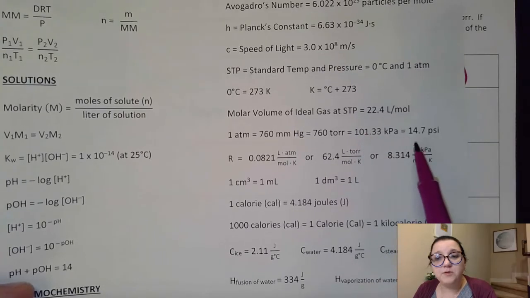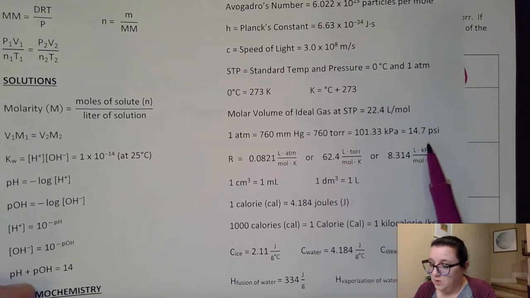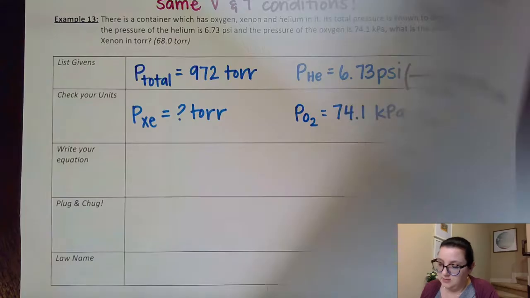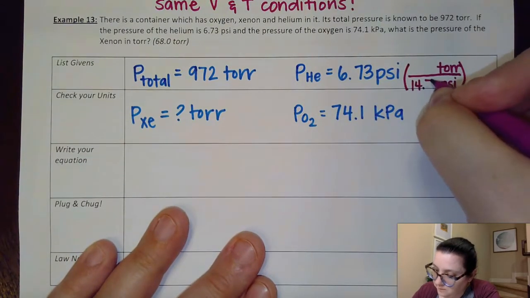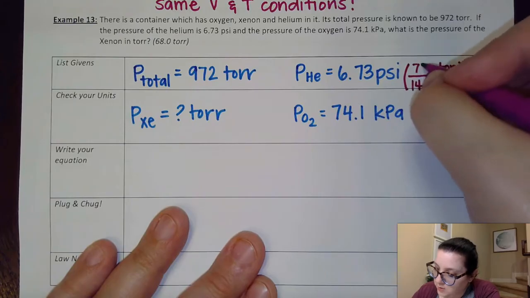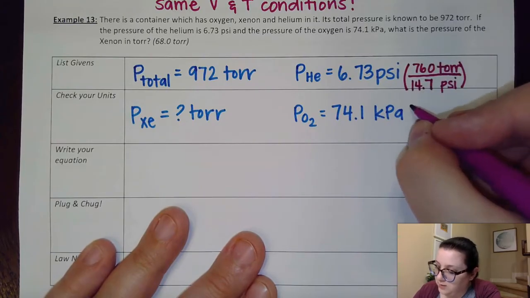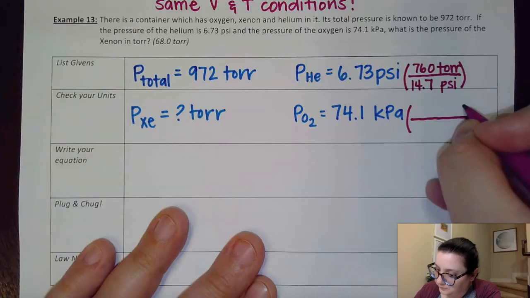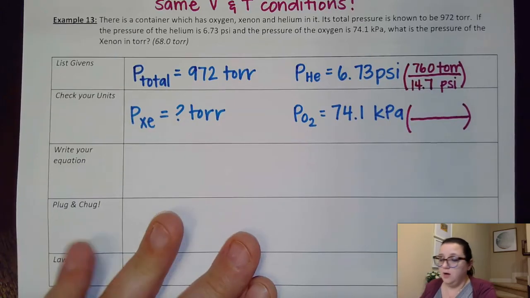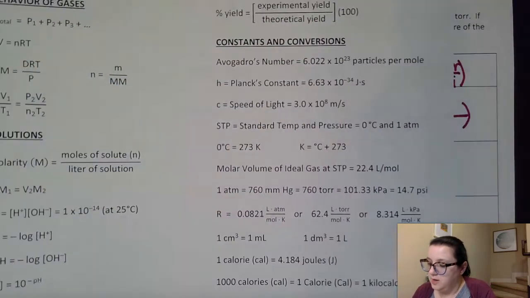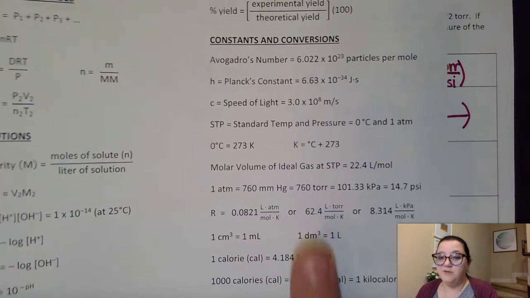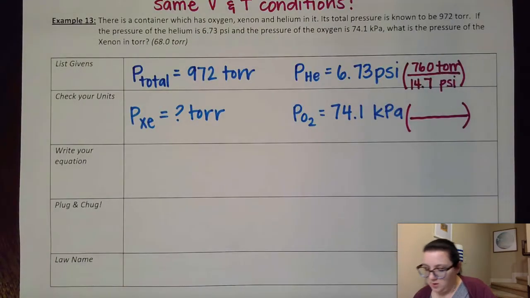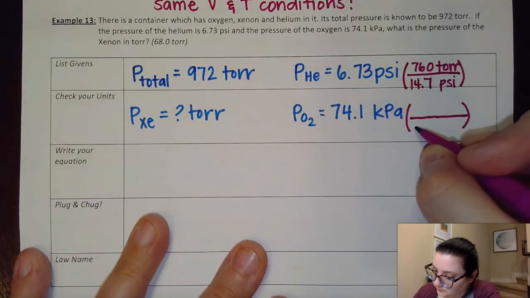So I noticed that 14.7 PSI will be for 760 torr. And I'm going to go ahead and set up my other one here for kPa. So looking on my formula chart here, I noticed that it's 101.33 kPa for every 760 torr. So again, I'm going to go ahead and plug all that in.